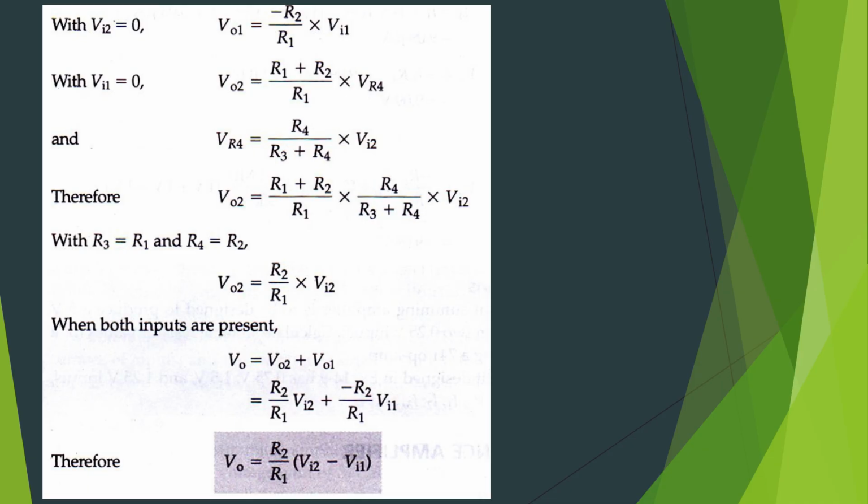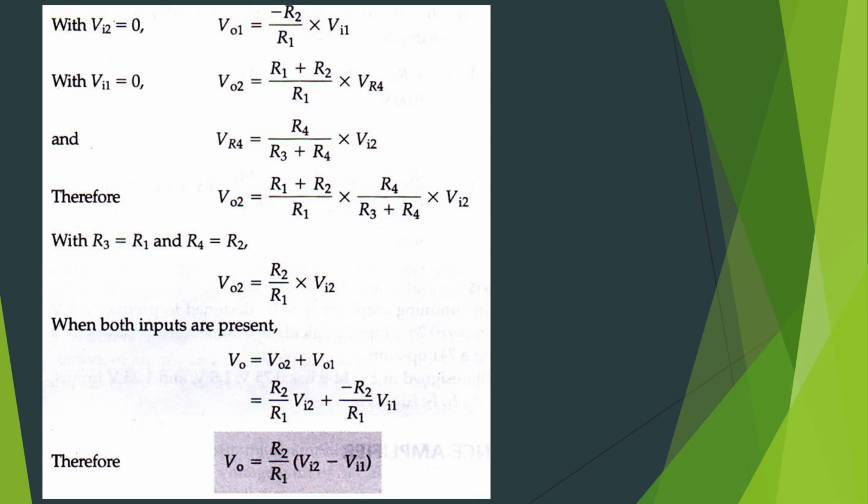into VR4, and VR4 equal to R4 divided by R3 plus R4 into VA2. Therefore, substitute VR4 in the V02 expression. V02 equal to R1 plus R2 divided by R1 multiplied by R4 divided by R3 plus R4 into VA2.